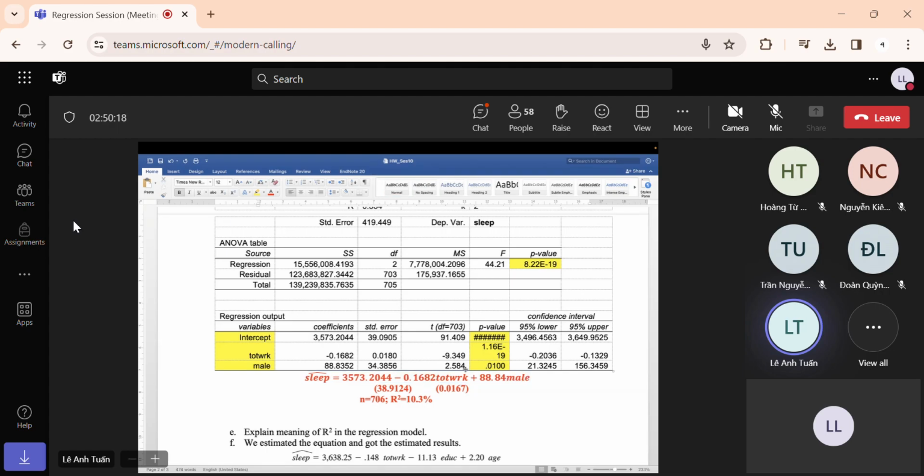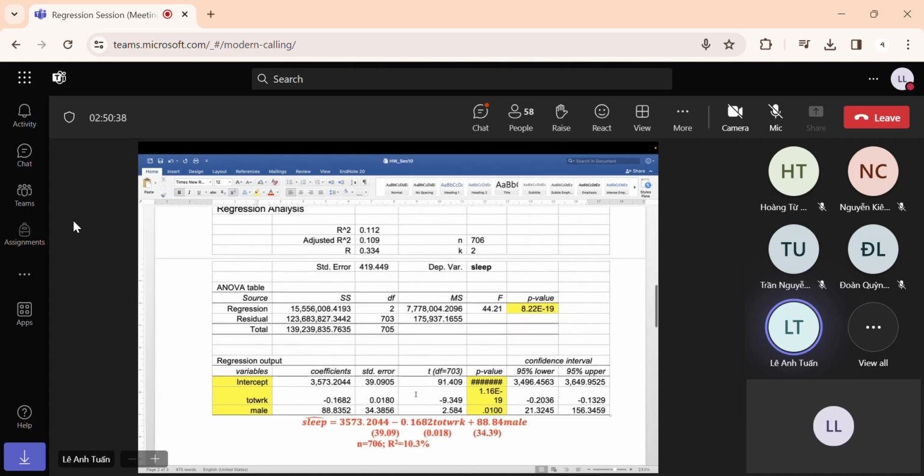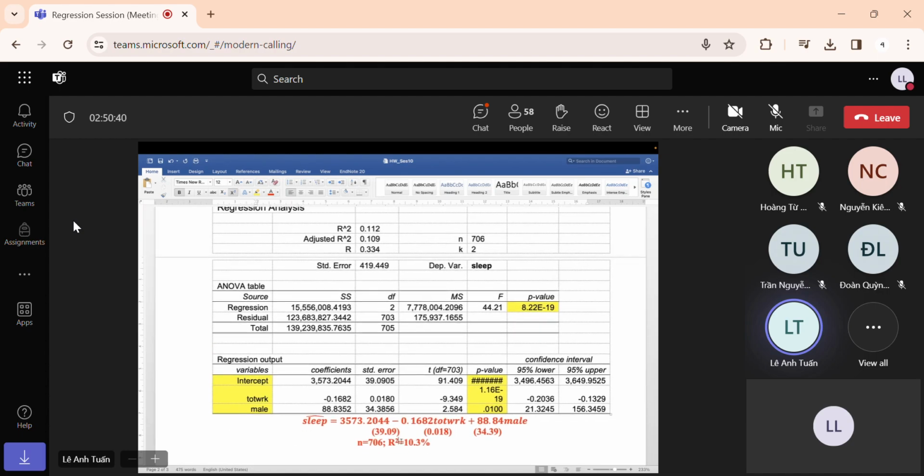And here we have the constant, the total work, and the male. And the number of observations is still here, but because we add the new independent variable, the R square here rises to 11.2.